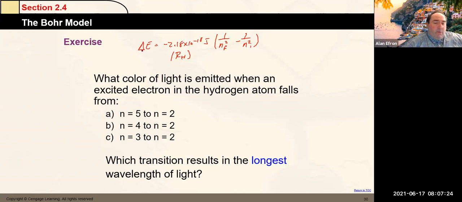Remember that when we calculate something like energy, it's important to keep the positive or negative sign that you get with that value. As we talked about last time, that indicates whether the atom is giving off energy as those electrons transfer down, or absorbing energy.